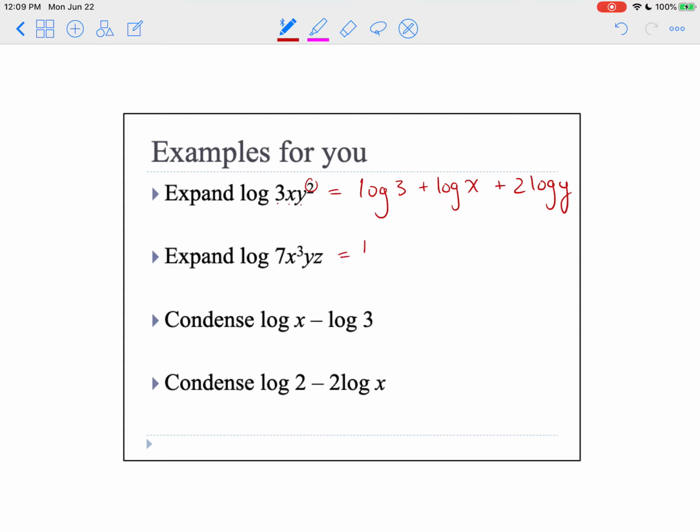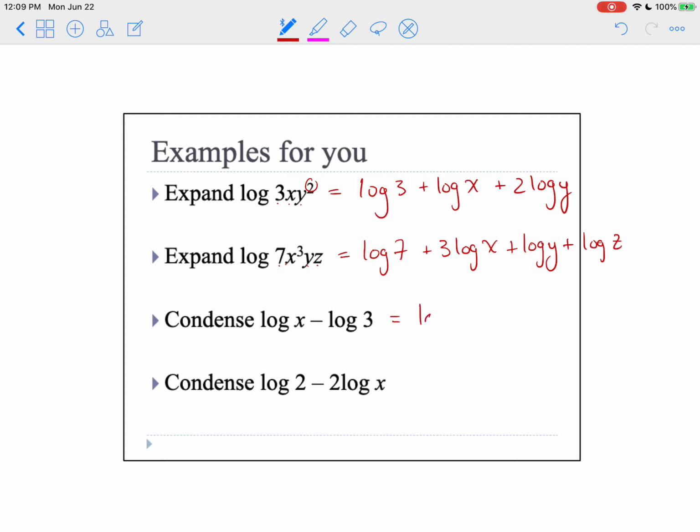Okay, same thing here. Log of 7 plus 3 log of x, that's the exponent there, that was only talking to the x, plus log of y, plus log of z. So when you're expanded, you want as many logs as you can have. There's 4 things being multiplied in here, so I should have 4 separate logs.